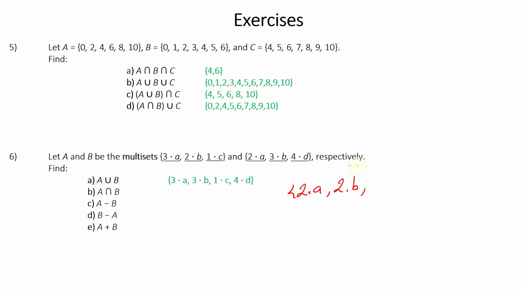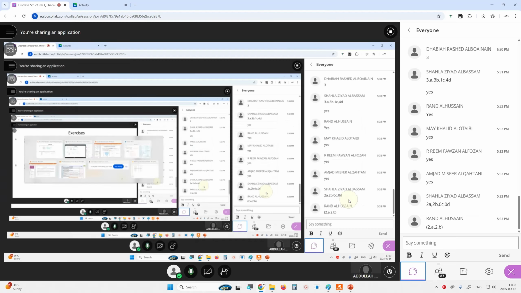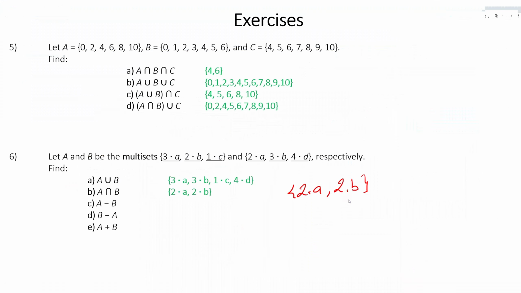And what about the D? 0D here and 4D there, again the minimum is 0. So this should be the answer. The others are going to be zeros. So 2A and 2B. Good. You can put the zeros or remove them, that's the same.